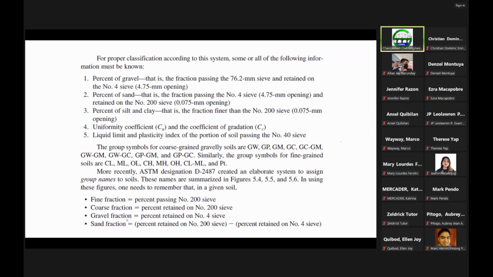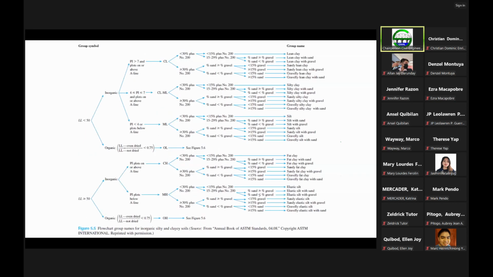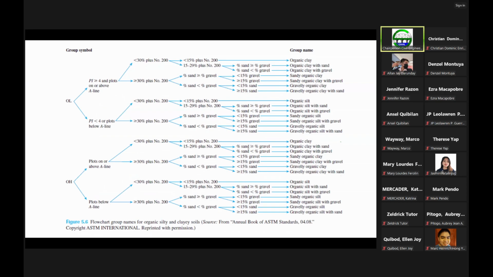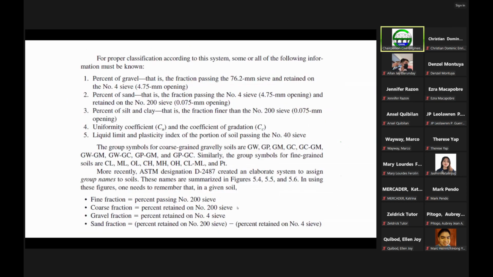So that's this one minus the gravel fraction, that gives you the sand fraction. Because you notice here in the classifications, you need to check further the percent sand and the percent gravel. So we need to know these ones here.